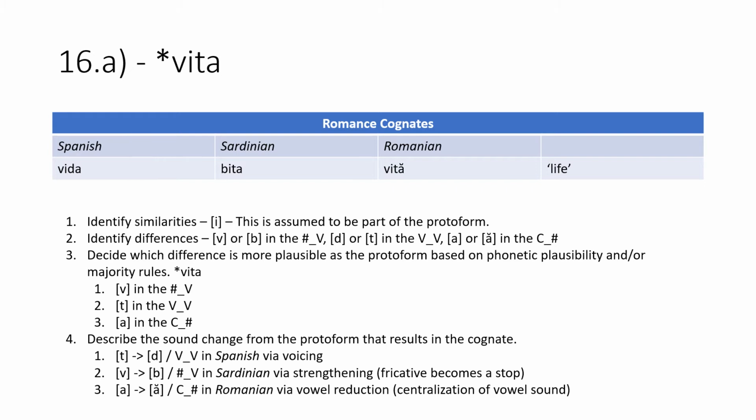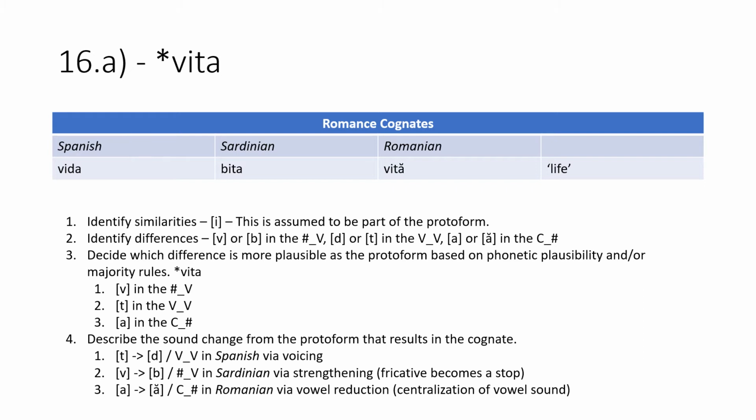We have 2 V's and 1 B. But you can also think about, is it more likely for a V to turn into a B sound or a B to turn into a V sound? In other words, is it more likely to strengthen or weaken a sound at the beginning of a word?